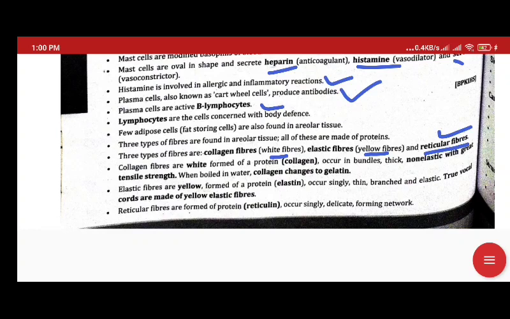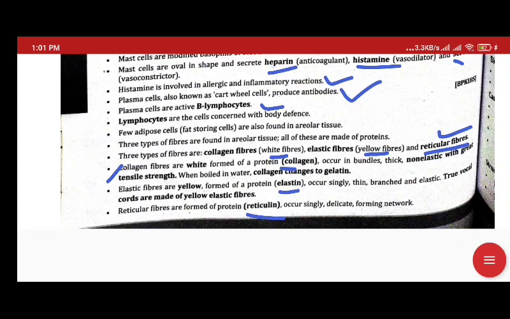Now collagen fiber makes protein to give strength, in bundles, tensile strength. Elastin makes things elastic in nature, by the elastin protein, and it is found in the true vocal cords. For reticulin fiber, we have reticulin protein to form the network, because of the network by granules here.